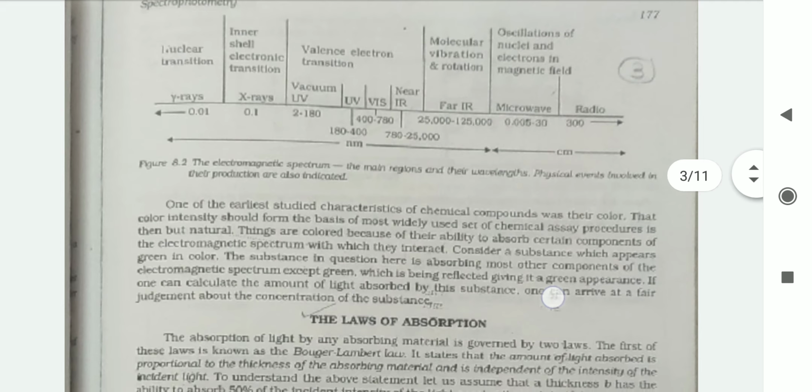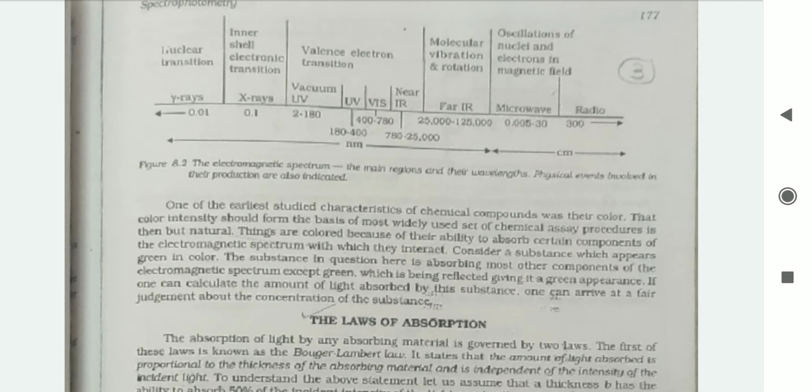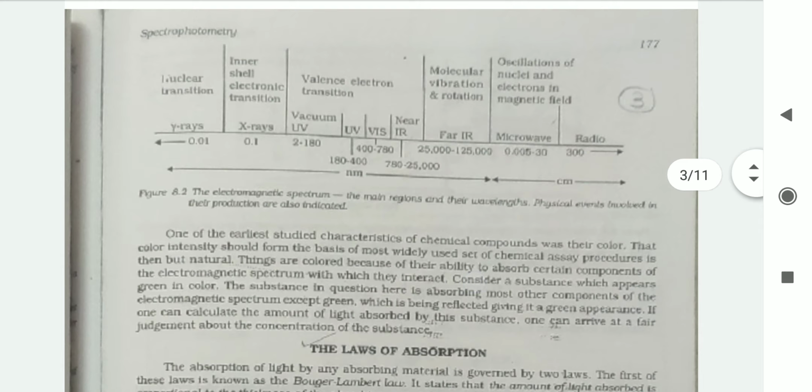We refer to some of them as gamma rays, some as X-rays, some as ultraviolet rays, some as visible rays, some as infrared rays, some as microwaves, and some as radio waves. So let us see how we distribute them as different waves.